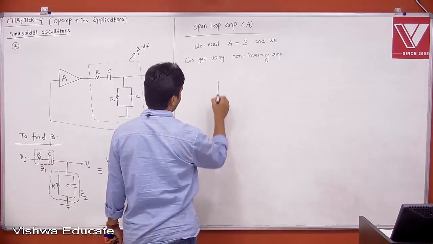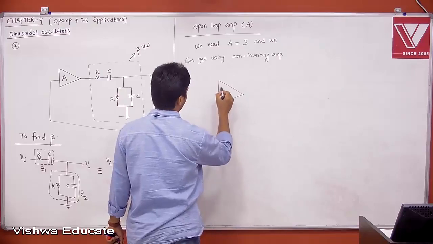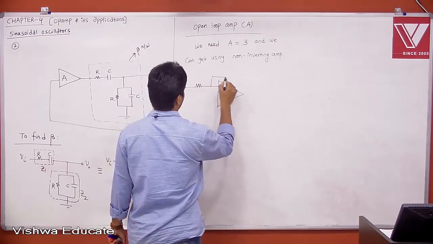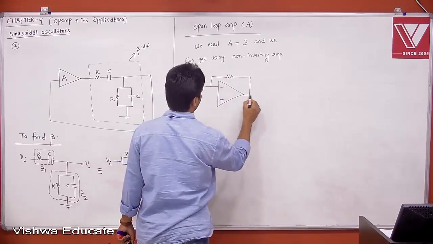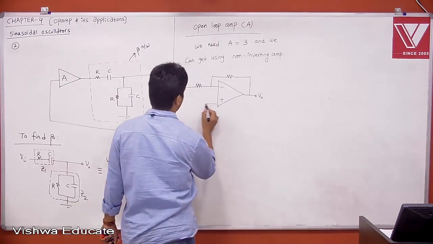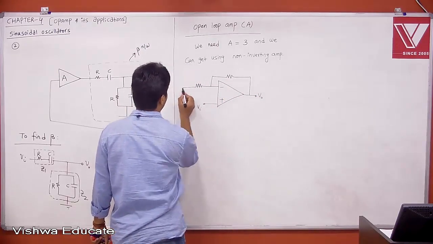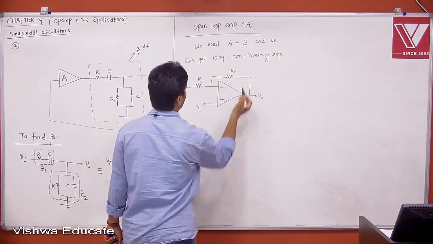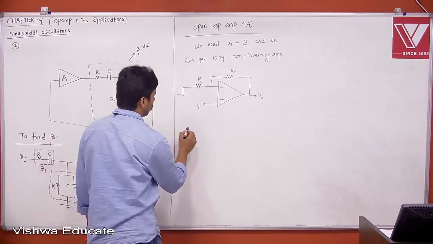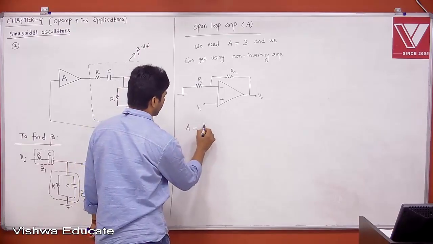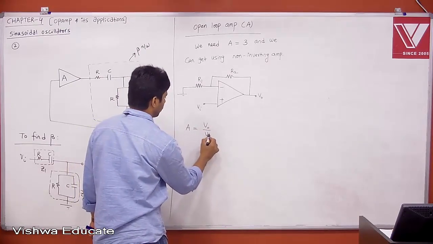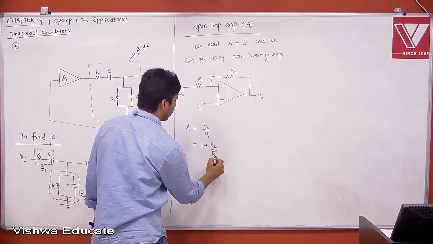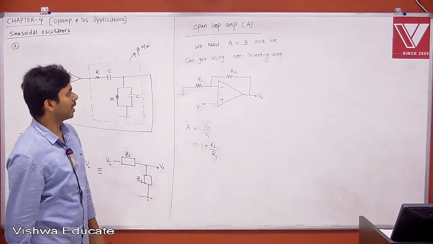Therefore, what is a non-inverting amplifier? Minus, plus. We solved multiple problems, right? And this is, let us say, Vi. Then this is our R1, then R2. Therefore, tell me what is A, your open loop amplifier. A gain is equal to V0 by Vi, which is 1 plus R2 divided by R1. This is your open loop gain.